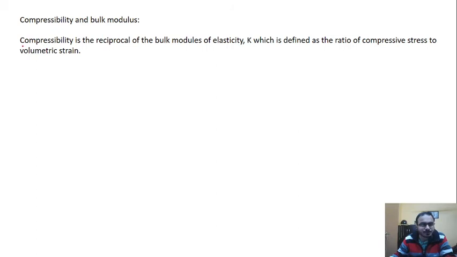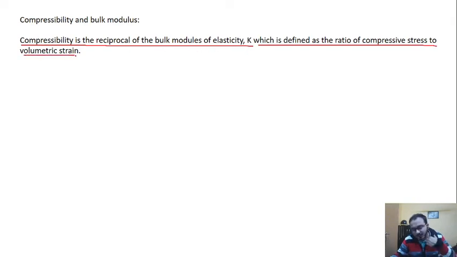Compressibility is the reciprocal of the bulk modulus of elasticity, that is K. Compressibility is the reciprocal of the bulk modulus of elasticity K, which is defined as the ratio of compressive stress to volumetric strain. So we will try to understand this in detail with the derivation.